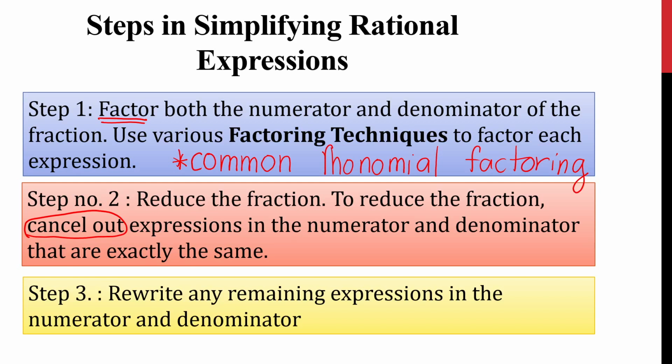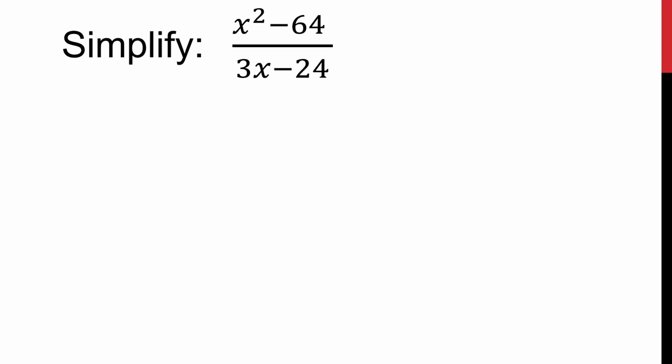Let's do the 3 steps over the first example. The first example is this. So the first step is to do factoring. Question ako, focus ta sa numerator. Unsay factor sa x squared minus 64? Examine.